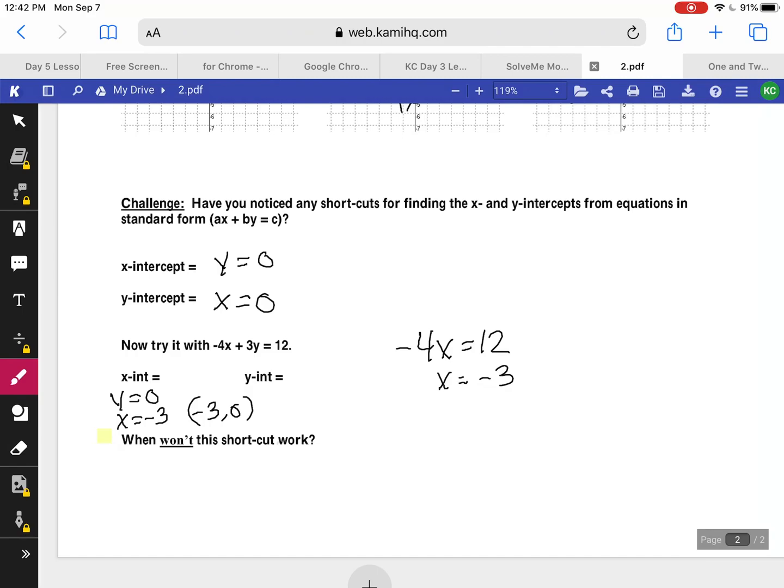And then for y, if x is equal to 0, I would end up with 3y equals 12 and y equals 4, leaving me with (0, 4). And we're not going to take a look at this right now. All right. We should be all set with 4.3.